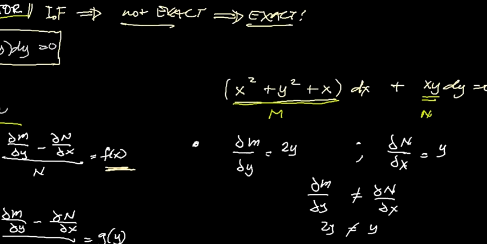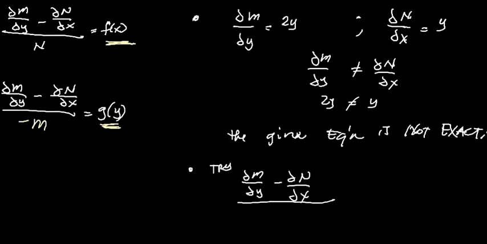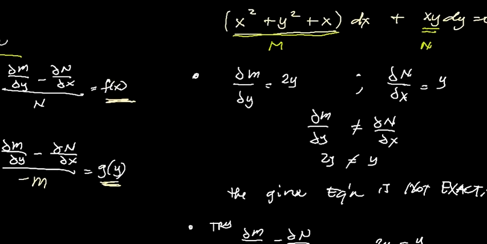According to our first condition, let's try the partial derivative of M with respect to y minus the partial derivative of N with respect to x, all over N. So our partial derivative of M with respect to y is 2y minus this part here, y, all over our N. What is our N? xy.